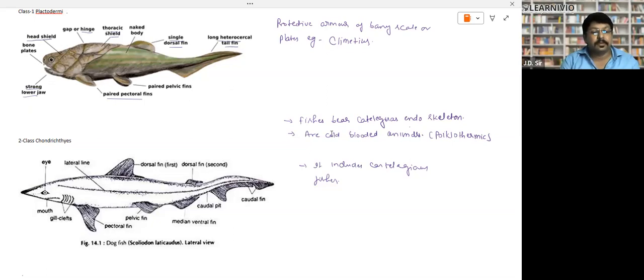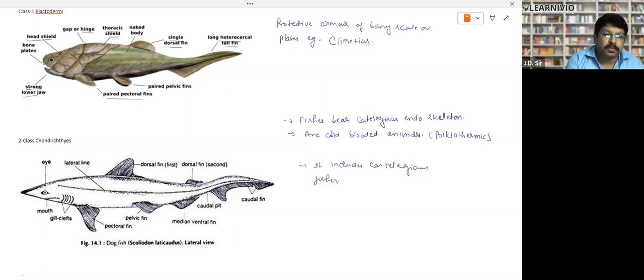That is, the temperature of blood changes as per change in external temperature, because they cannot maintain their body temperature at a constant level.